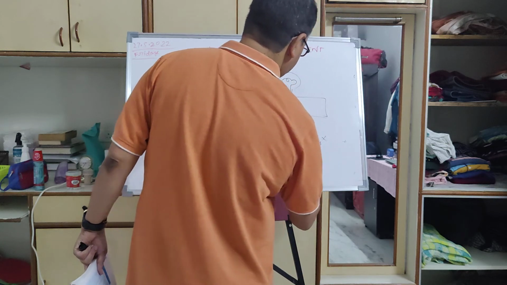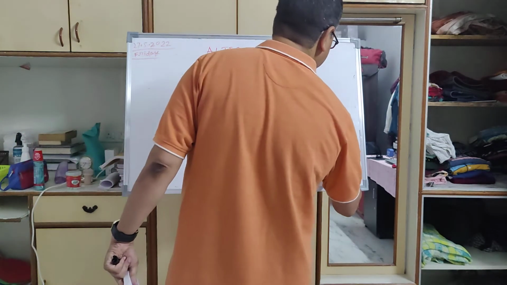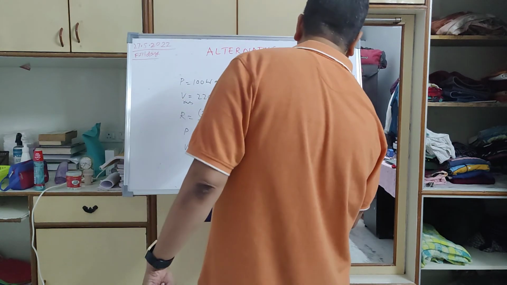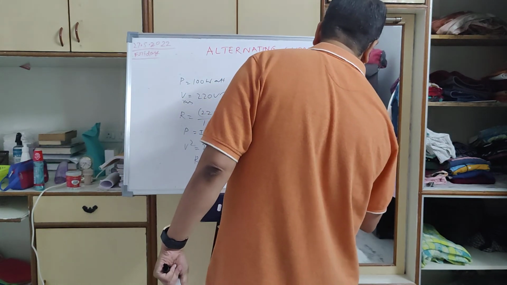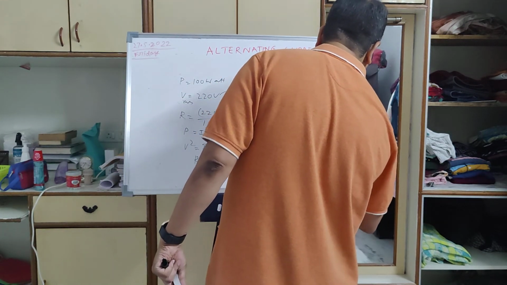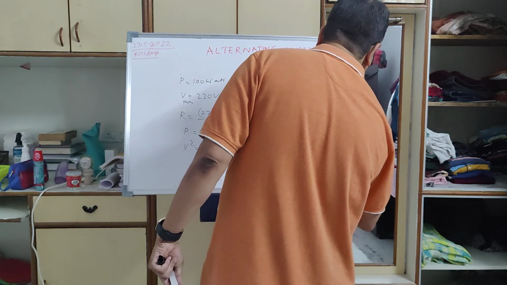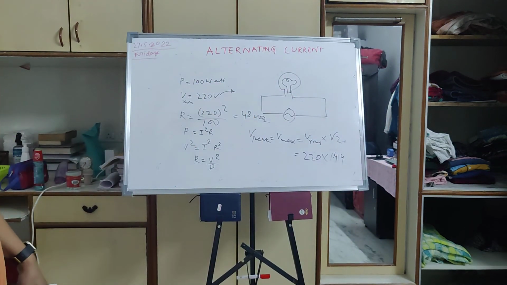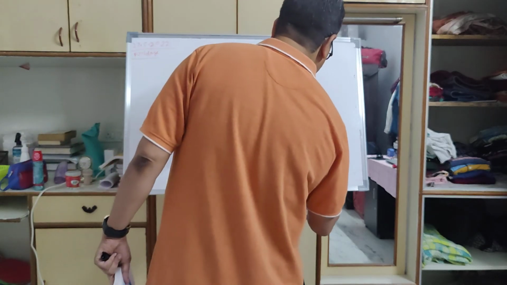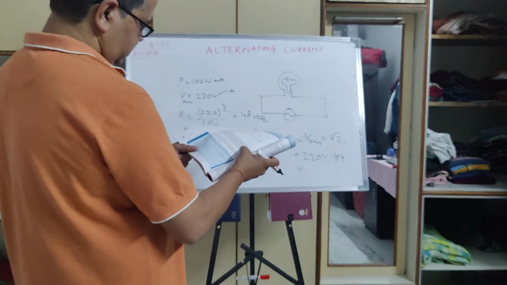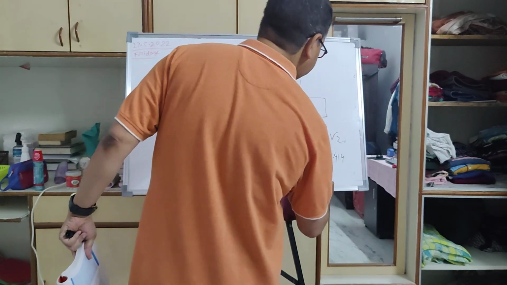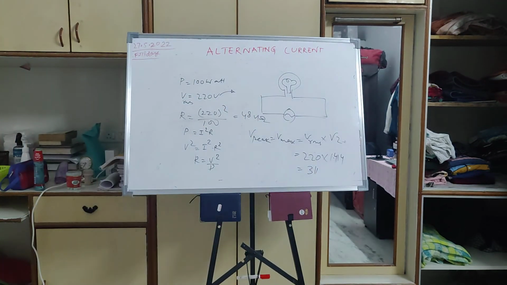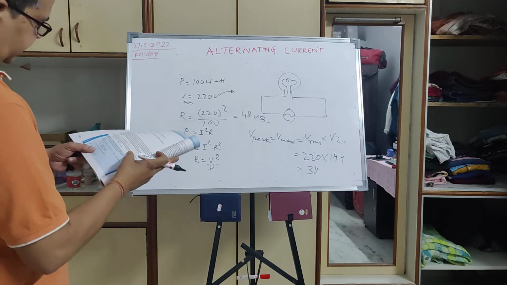So it will be 220 into 1.414, which is around 311. Just remember this: one should remember 220 and 311. Peak is 311, RMS is 220. Whatever we are telling is RMS only. That is the second part.